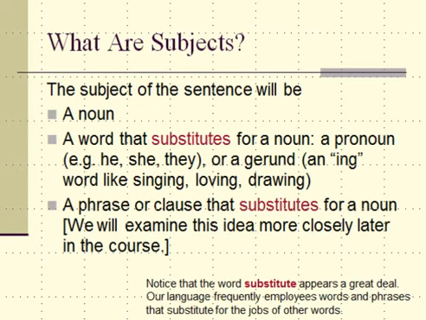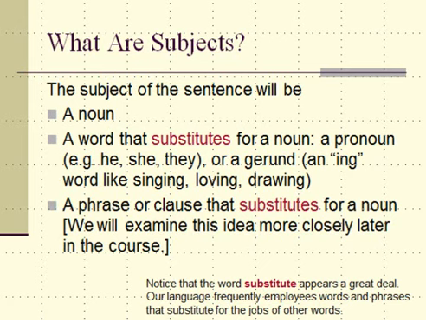Let's begin by defining subjects. Subjects are who or what the sentence is about, and subjects are always going to be a noun or a word that substitutes for a noun. By definition, a noun will be a person, place, thing, idea, or concept.